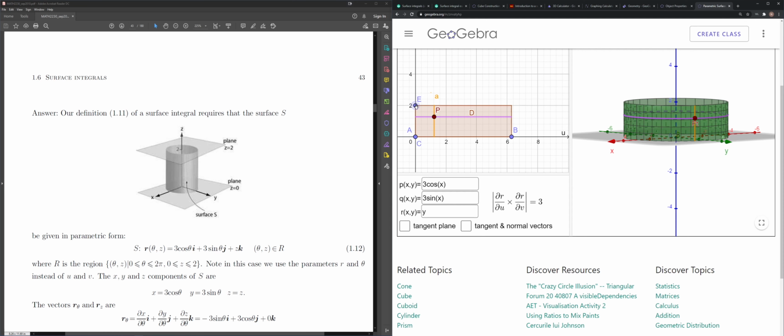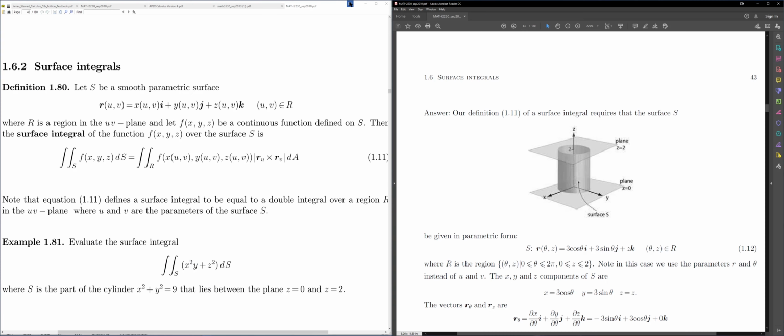So this condition is cutting off the part of the cylinder that I want, between the planes z equal to 0 and z equal to 2. The heights come from this condition.